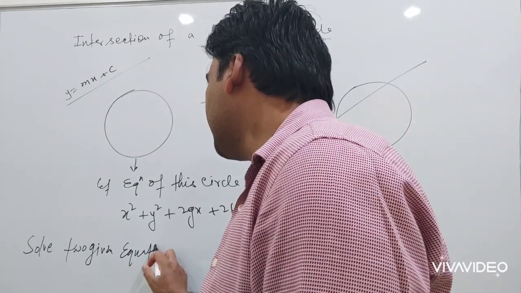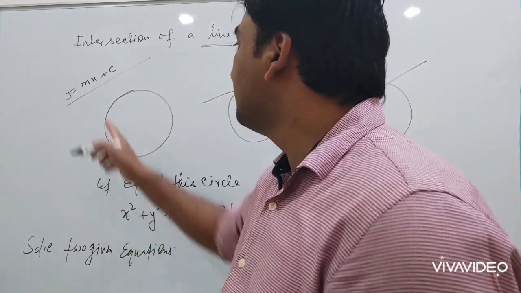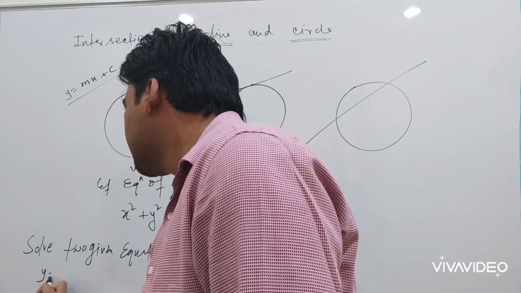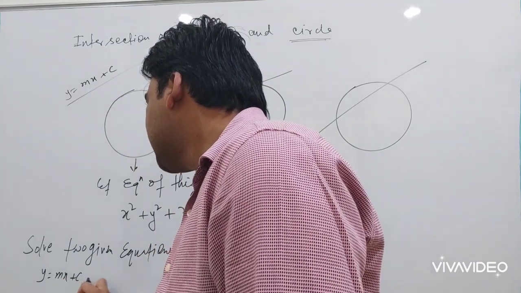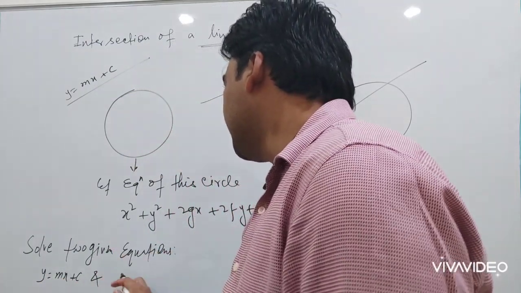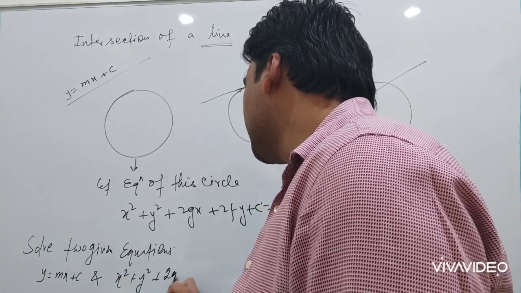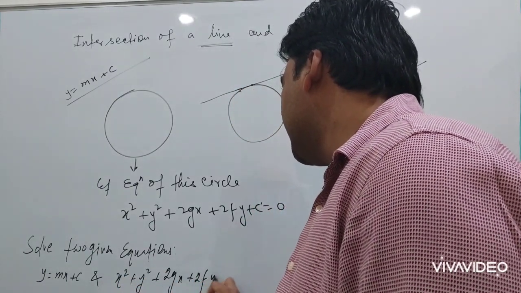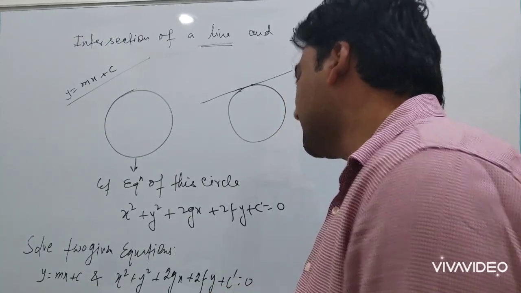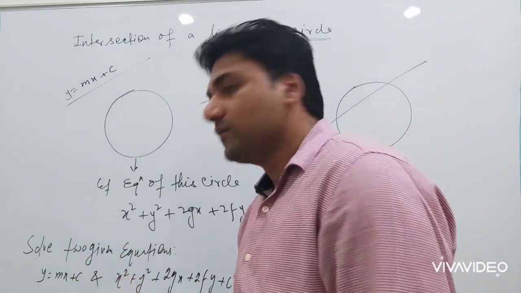What are those two given equations? y is equal to mx plus c, and x square plus y square plus 2gx plus 2fy plus c dash equal to 0. Now we are going to solve these two equations.